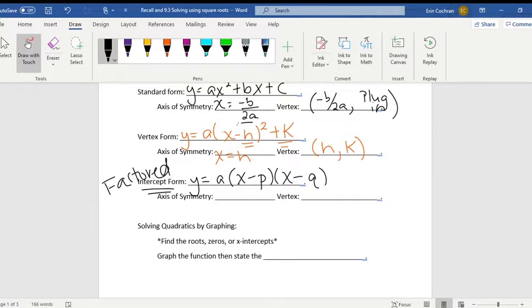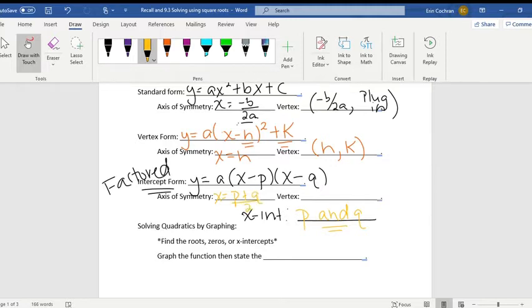And in this case, we could find our x-intercepts. And our x-intercepts, because they're inside the parenthesis, they always lie. So it's p and q. So to find our axis of symmetry, it was always the middle of our intercepts. So x equals p plus q divided by 2. That would find our middle.